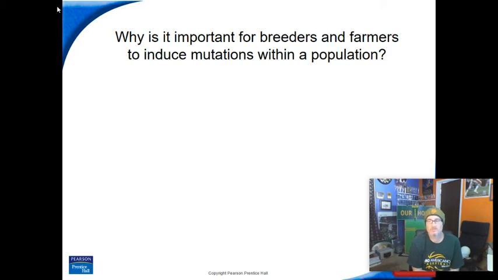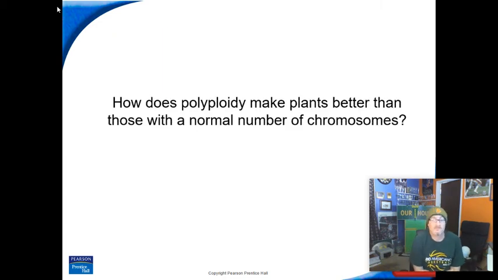And also mutations lead to new characteristics, desired characteristics in offspring. How does polyploidy make plants better than those with normal numbers of chromosomes? What advantage do they have? You might want to take a look at number 11. Yeah, typically species that exhibit polyploidy are stronger and larger.